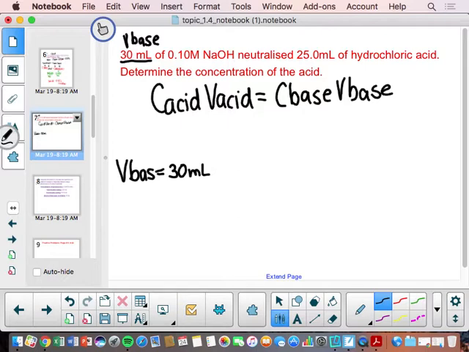I just put base without an E. Okay. Concentration of our base, yes. Be confident, you got it. So that's our concentration of our base. Good. We've got two pieces of our equation. We just need one more. It neutralized 25 milliliters of hydrochloric acid. 25 milliliters, is that a concentration or a volume?